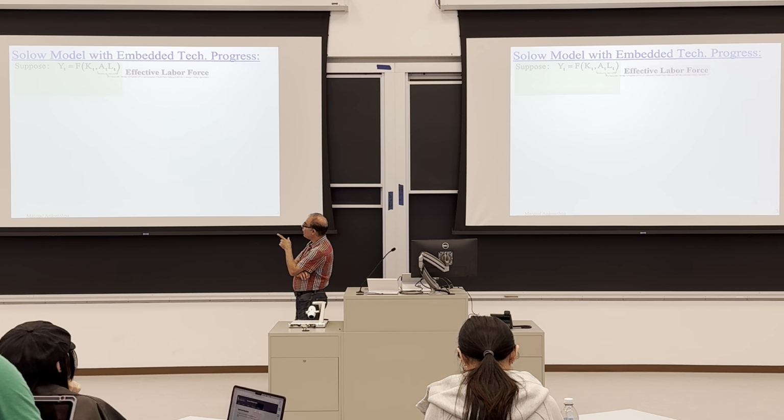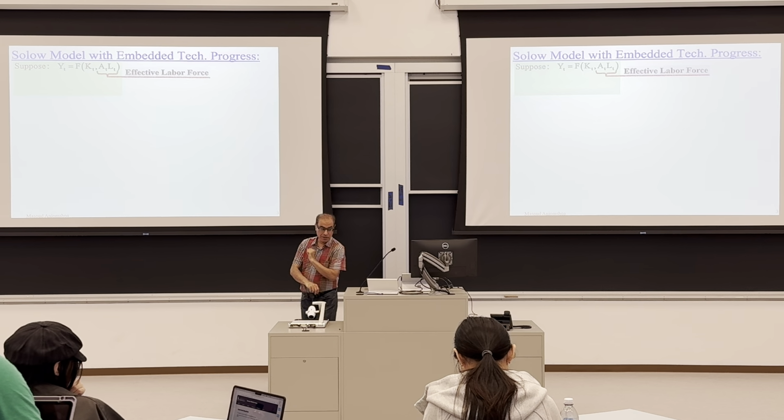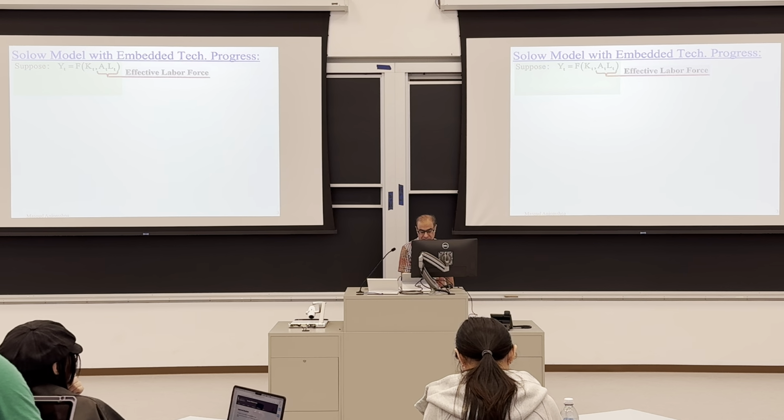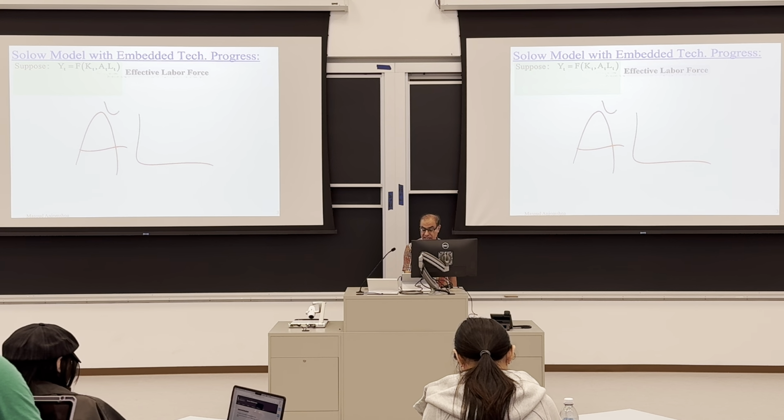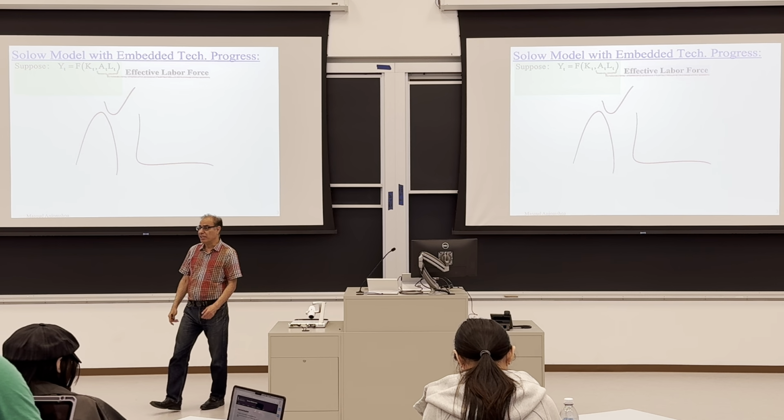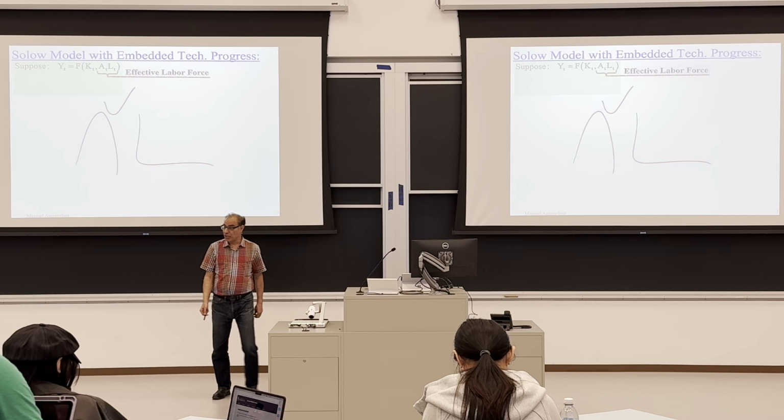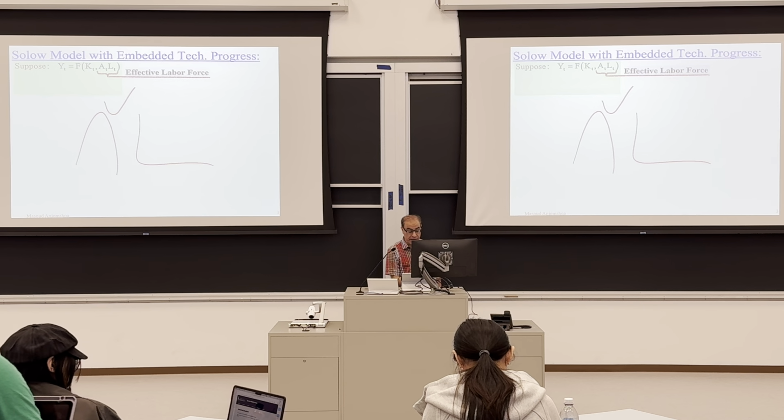output is a function of capital but not labor, effective labor. What is effective labor? You see? AL. Effective labor. A is representing technology, an index, times L. For example, if A goes from 1 to 2, it means what?